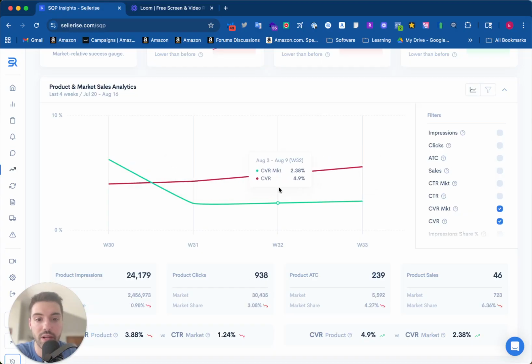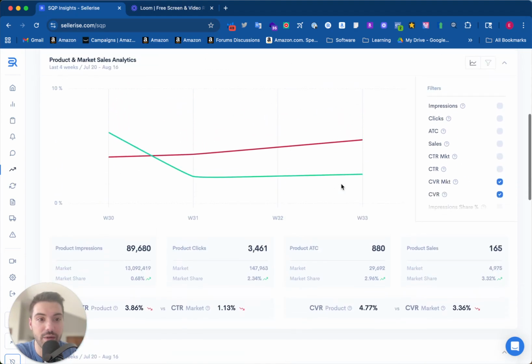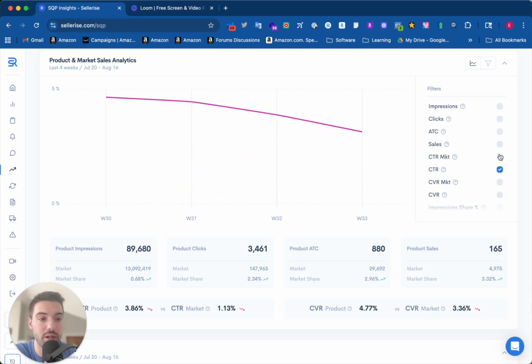And we're keeping that trend going up. So likewise, if I know our CVR is above the market, then that's good for running more campaigns and running PPC. And likewise, our CTR being above the market.